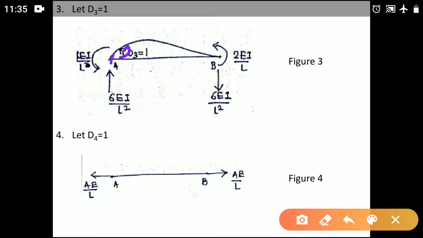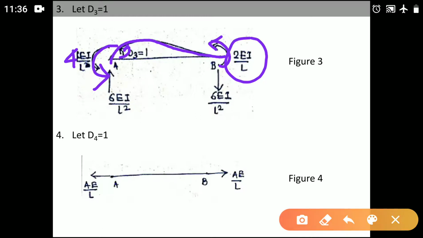Because of this, it will take this shape, and the rotational moment, that is rotational stiffness, is generated because of giving this unit rotation at node A. This is the near end, at which the moment generated is 4 EI upon L, and the far end moment generated is 2 EI upon L.